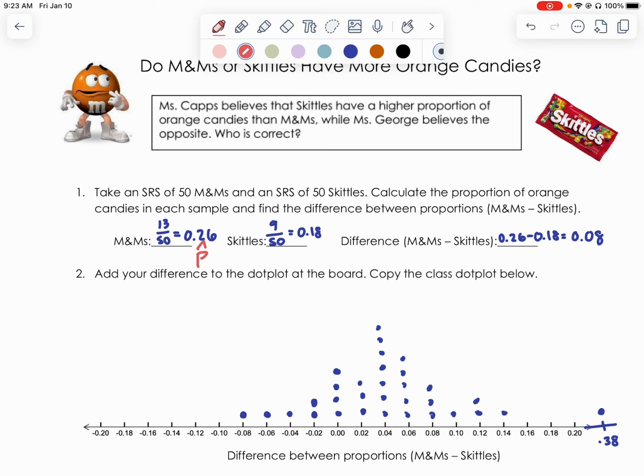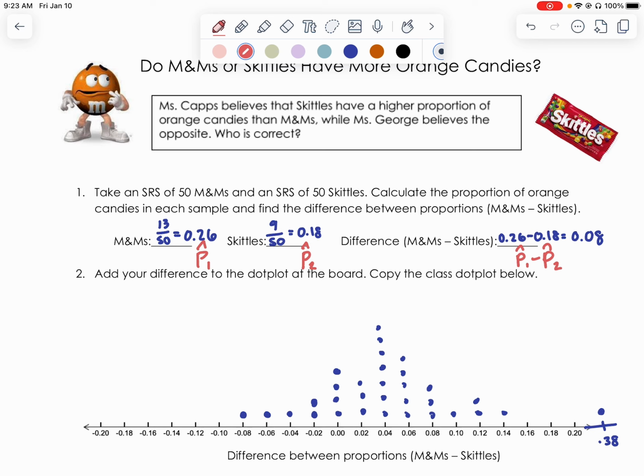So we add a subscript now. This is p hat 1, and then the Skittles will be p hat 2. So when we're showing that we calculated the difference between M&Ms minus Skittles, we do p hat 1 minus p hat 2. And those are the symbols that we use now that we're doing a difference in proportions.